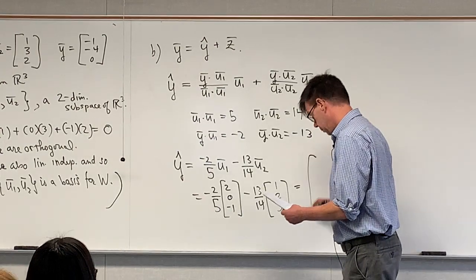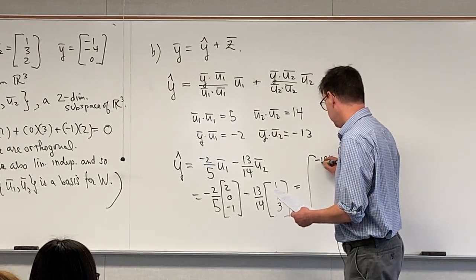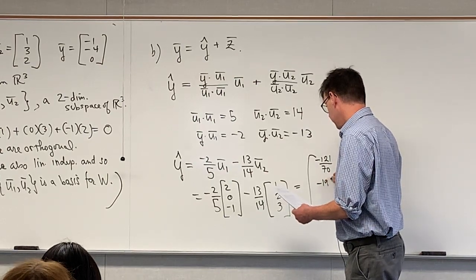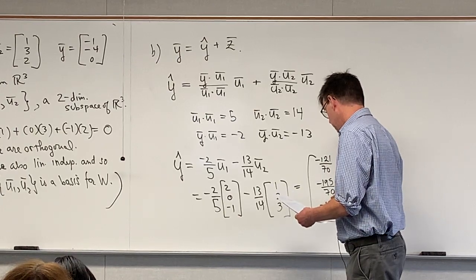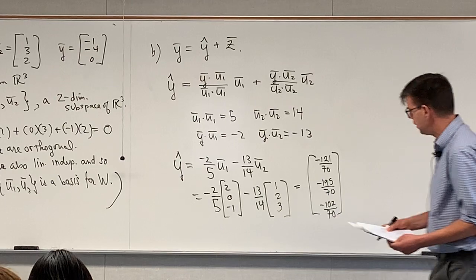Yeah, so I can do this to myself, but not to you. Negative 121/70ths, negative 195/70ths, negative 102/70ths. Okay, got to make up a better example here.